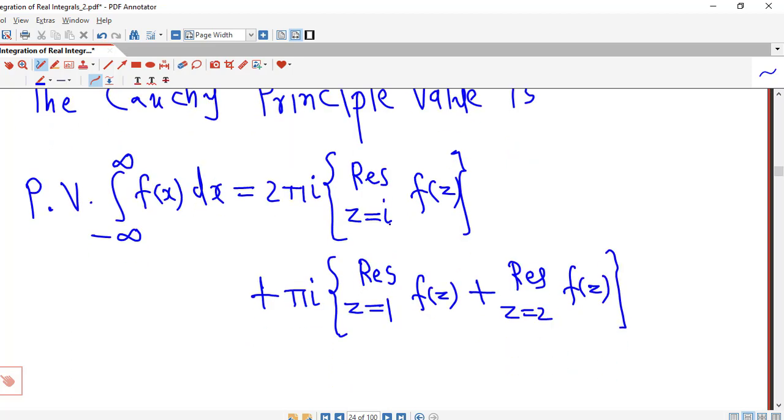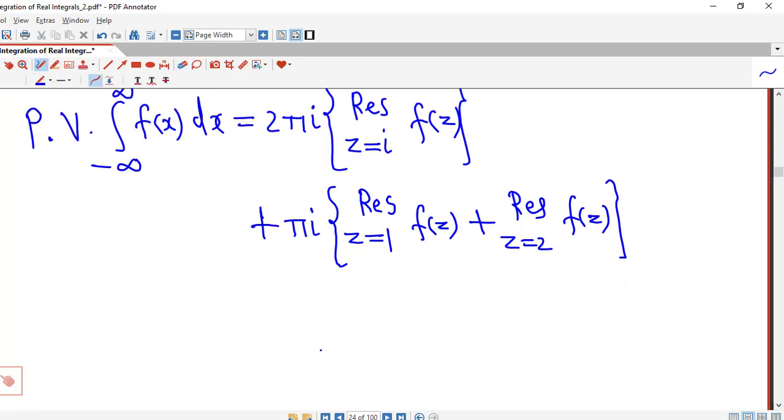So this first summation is residues of f of z at simple poles in the upper half plane, and this is the sum of residues of f of z at simple poles on the real axis.